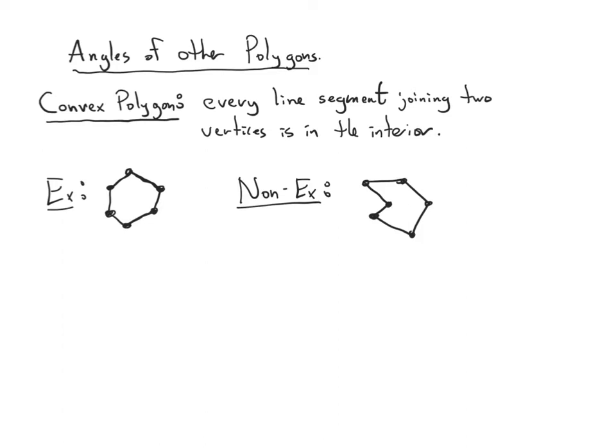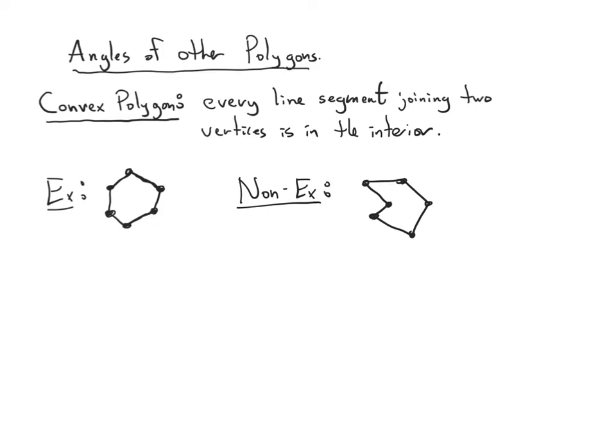Well, it's a polygon where every line segment joining two vertices is in the interior of the polygon. You can think it has no kind of bend ends. What do I mean by that? Well, let me show you.